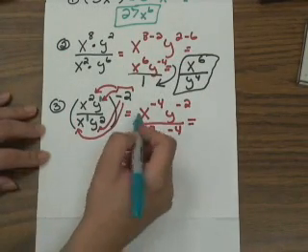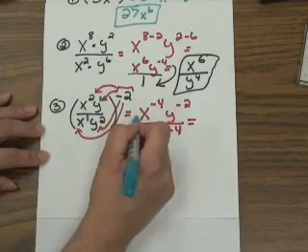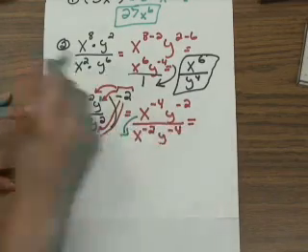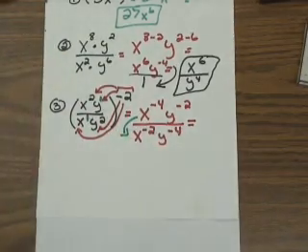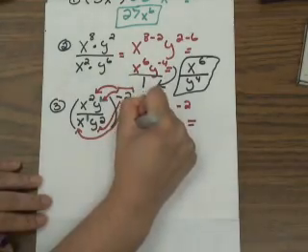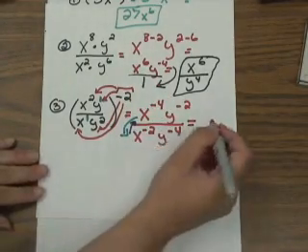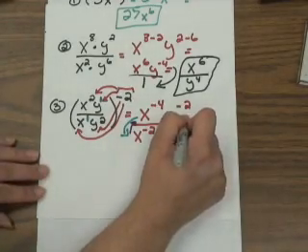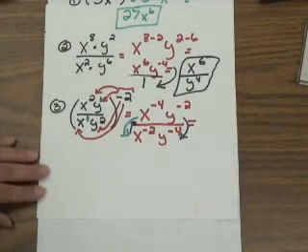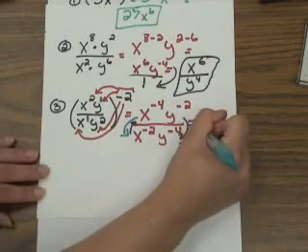So x to the negative 4 is going to go in the denominator. Meanwhile, x to the negative 2 is going to go in the numerator. And the reason we're doing this is because they're both negative, so they both need to move. y to the negative 2 is going to come down into the denominator, and y to the negative 4th is going to go up into the numerator.